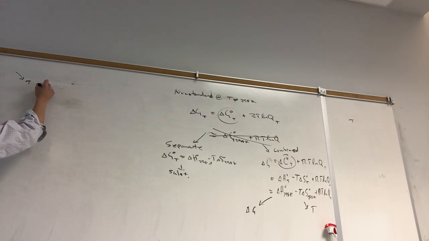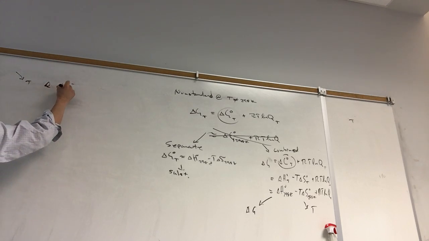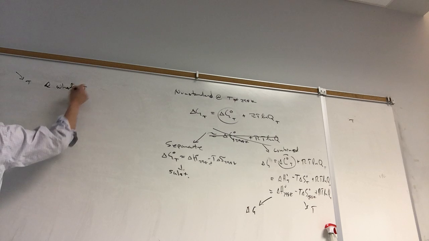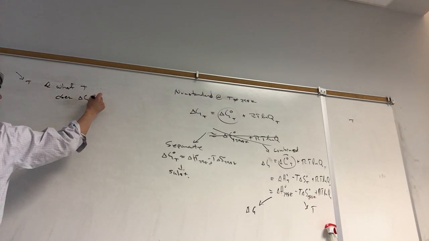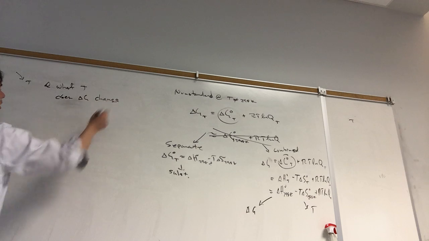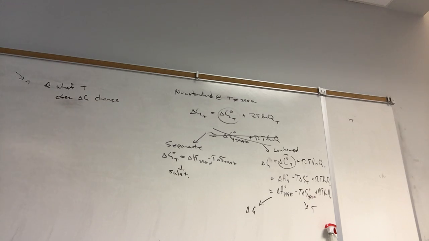At what temperature does delta G change sign? Maybe it's non-spontaneous, and we might want it to go spontaneous, or maybe it's spontaneous, and we might want it to go non-spontaneous. And so what that means is we set delta G equal to 0, because that's where it transitions from either positive to negative or negative to positive.